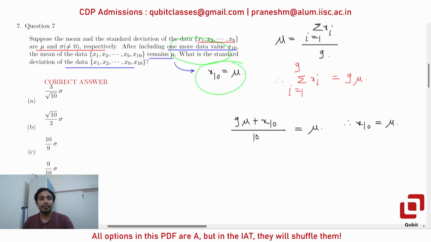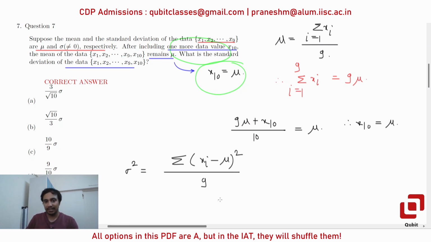Now let's go to the definition of variance, because we know that standard deviation is its root. So sigma squared, what is it? Summation of (xi minus mu) the whole squared, upon the total number of values. In this case it is 9. Now let's go for the new sigma. Because the mean remains unchanged, let me write it like this.